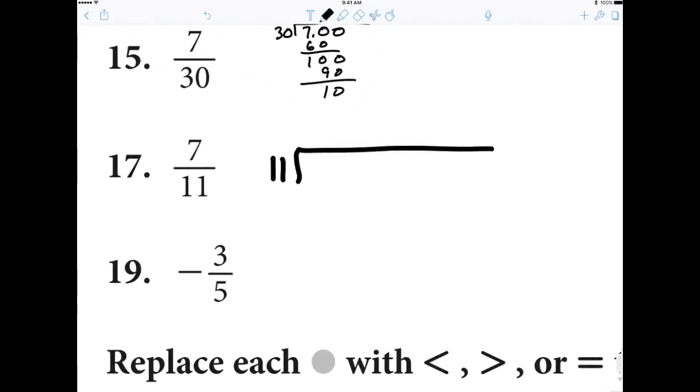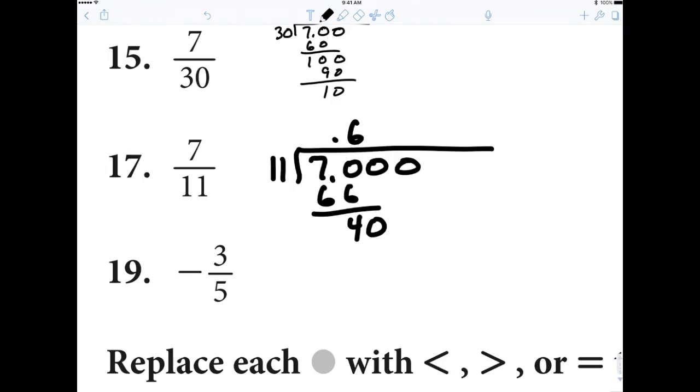11, 7 point. All right. How many times does 11 go into 70? 6 times. Thank you. 6 times 11 is 66. When I subtract, I get a 4, right? Bring down the 0.